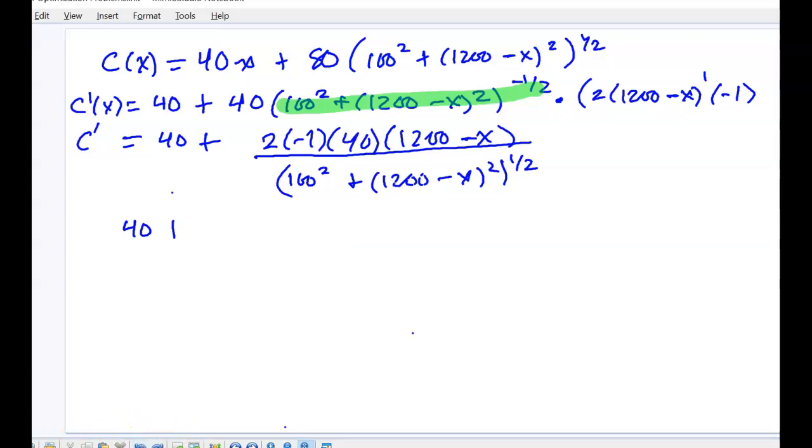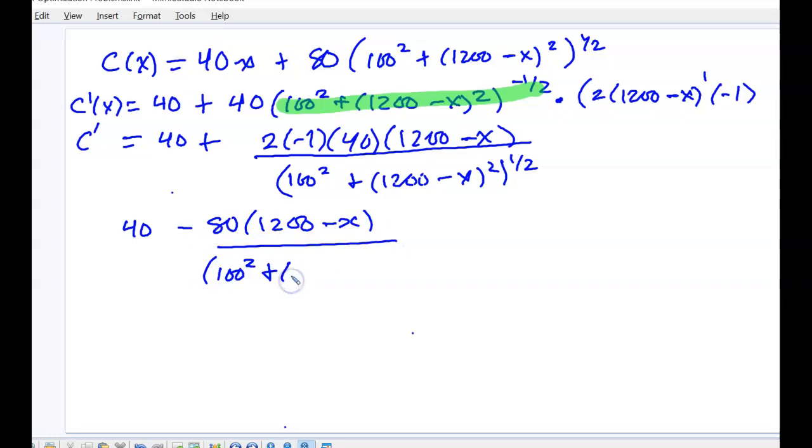Okay, so 2 times negative 1 times 40 is going to be negative 80 times (1200 minus x) over 100 squared plus (1200 minus x) squared to the 1/2. I'm going to set this equal to 40. Okay.